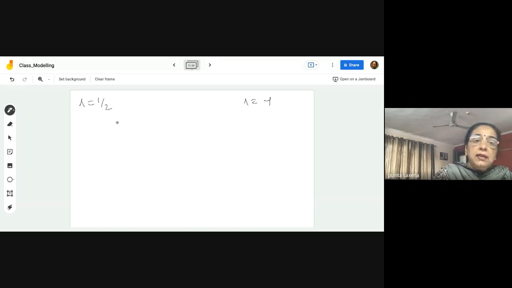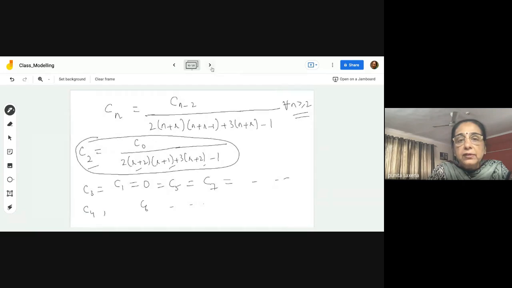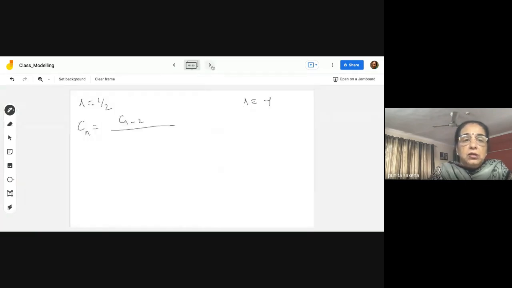So basically, for r equal to half, my Cn will be Cn minus 2 upon, I just have to substitute half here, which is going to be twice of n plus half into n plus half minus 1 plus 3 into n plus half minus 1.